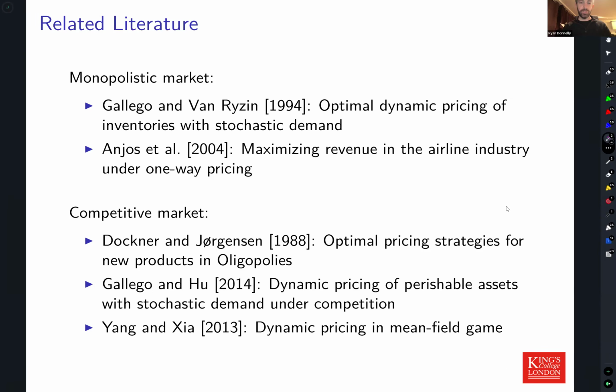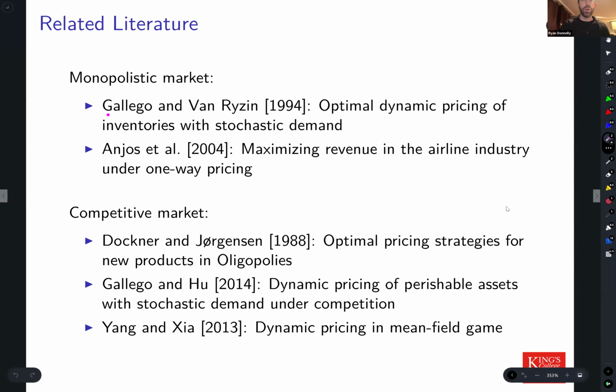So some examples of work that's been done in a monopolistic market. This paper by Gallego and Van Ryzen, when I got into this type of work, this paper was explained to me as the Black-Scholes of dynamic inventory pricing. So it's basically a very straightforward version, a single agent version of the model that we're going to be looking at today.